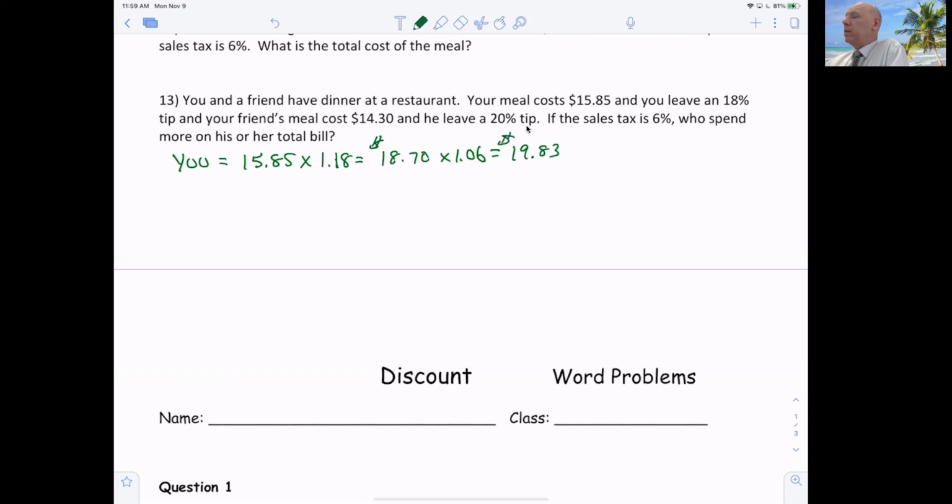So anybody else get $19.83? Well, if you're off by a penny, you know what I'm saying? $19.82. Thank you. Good job, girl.